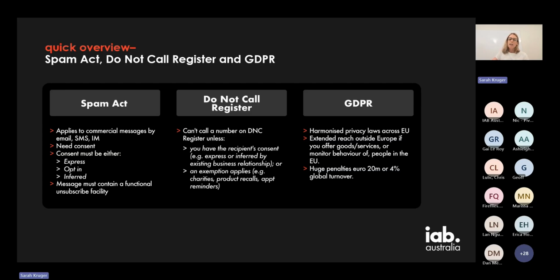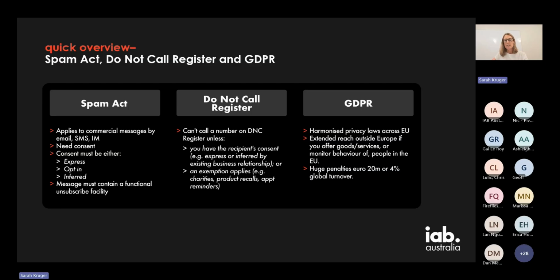And then lastly, GDPR. GDPR, everyone is familiar with. It's a set of harmonised privacy laws across the EU. The reason so many people in Australia are familiar with it is because it does have an extended reach outside Europe if you are offering goods or services or monitoring the behaviour of people in the EU.